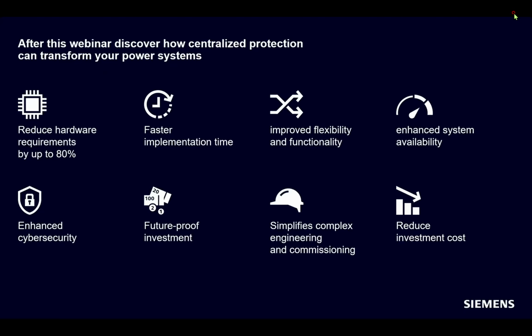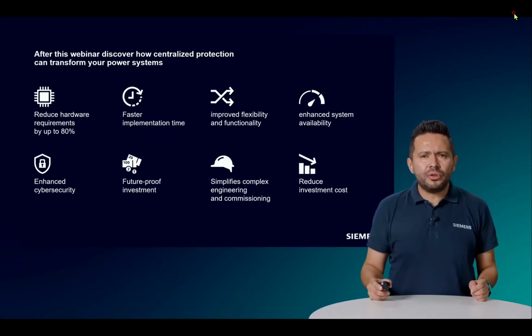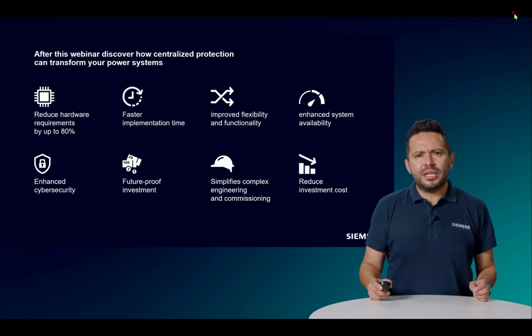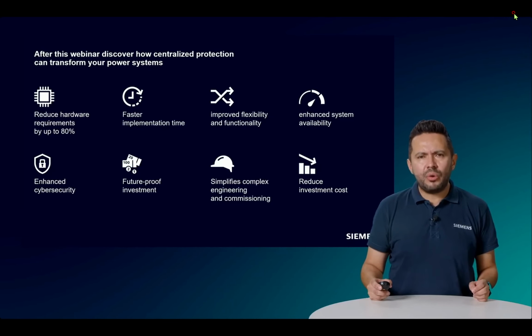Stronger security, fewer risks. Simplify engineering, make complex engineering easier, as well as commissioning procedures. And of course, reducing investment costs. In this webinar, we will look at some examples of CPC applications with the 7SX85 to show how it meets different needs.